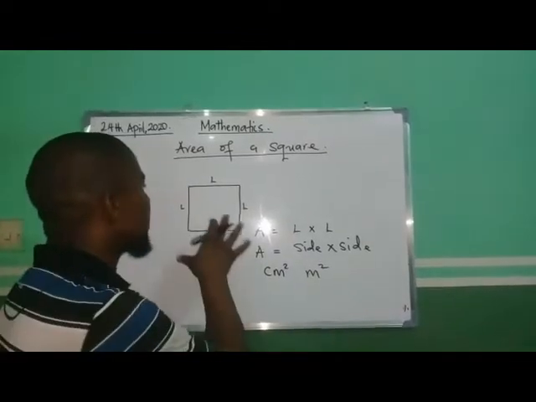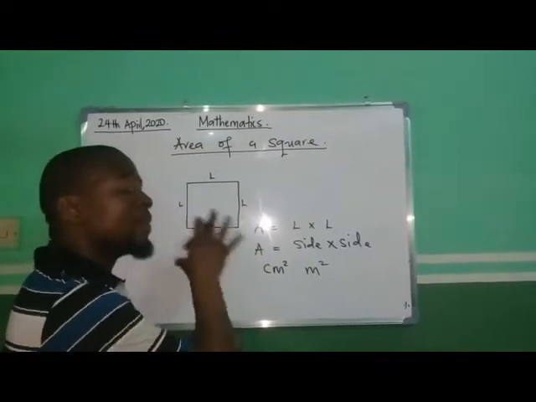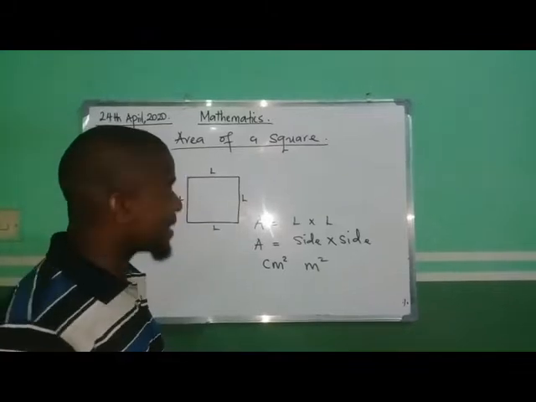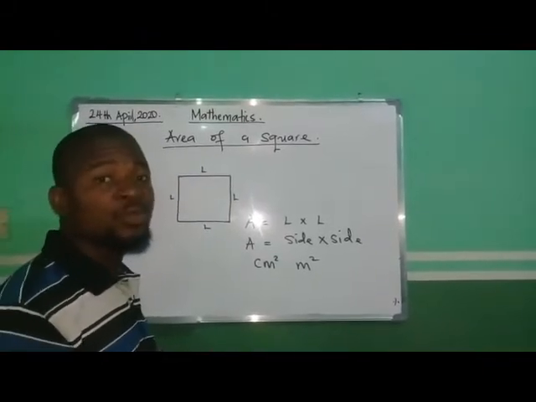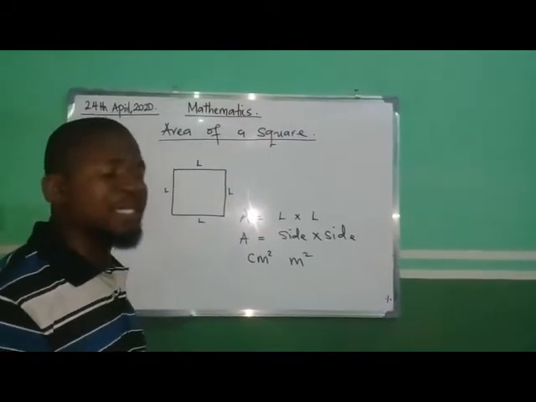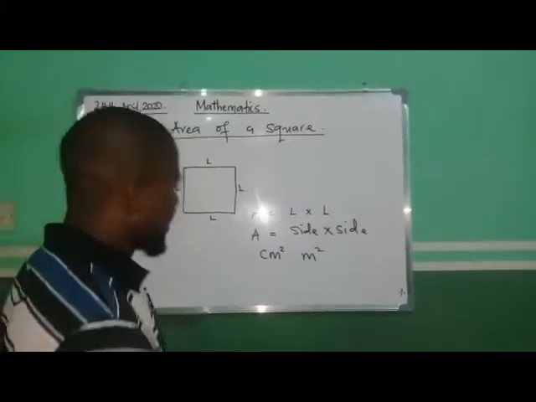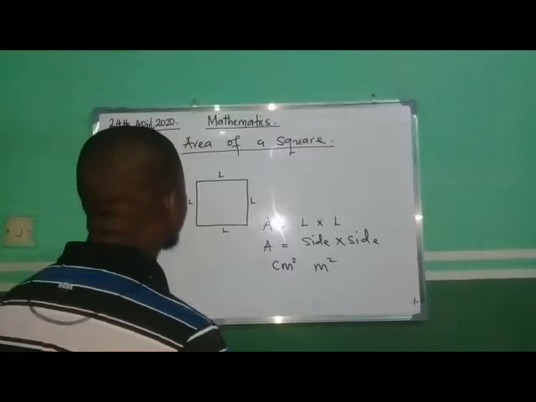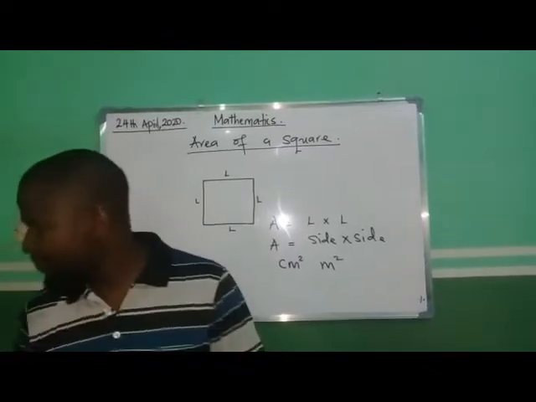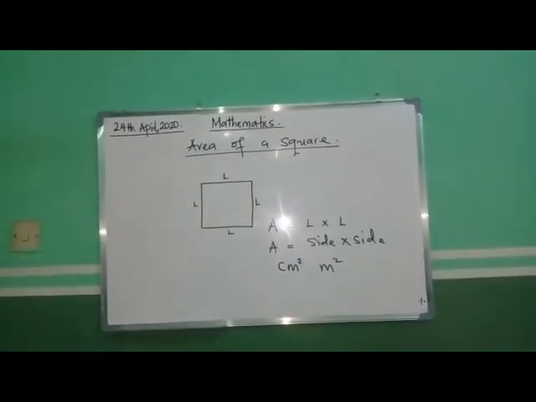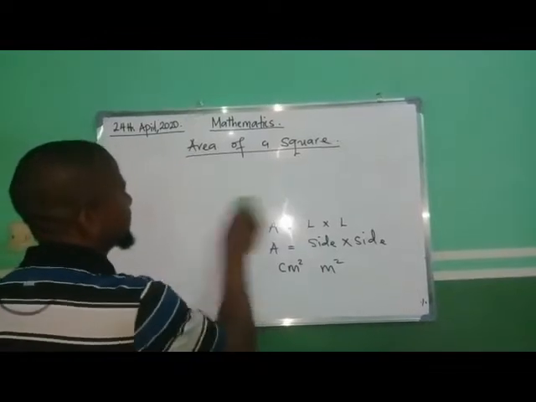Okay? Because we are only looking at a smaller one, but there can be larger squares that could even run into kilometers, and in such cases you say kilometer squared. So let's look at it now. Inshallah, having known this briefly, we'll take examples.